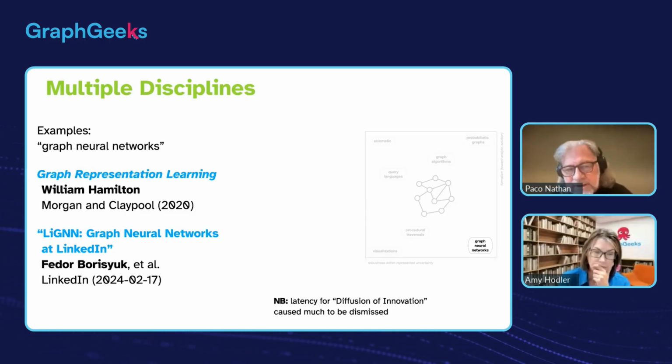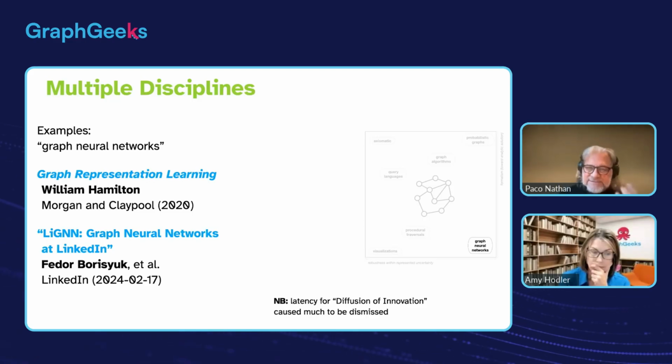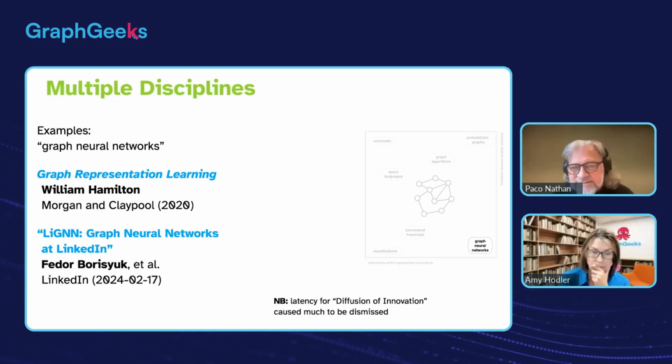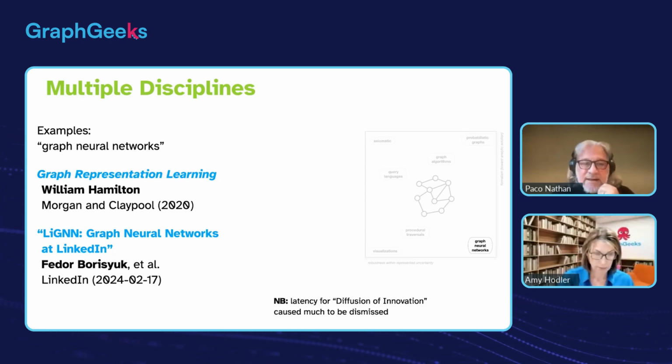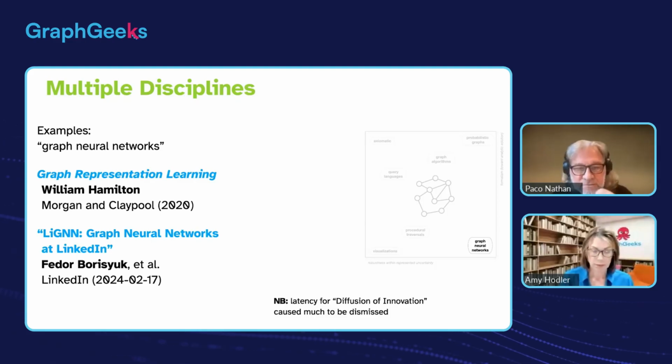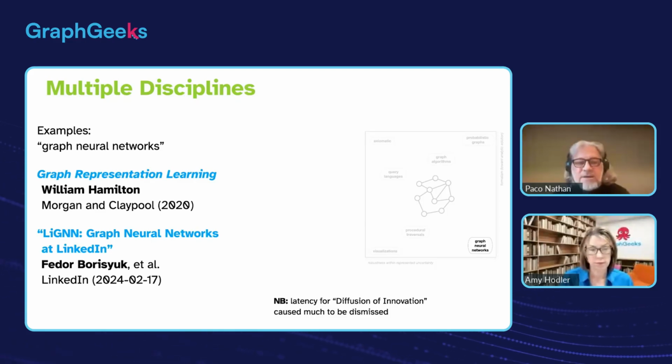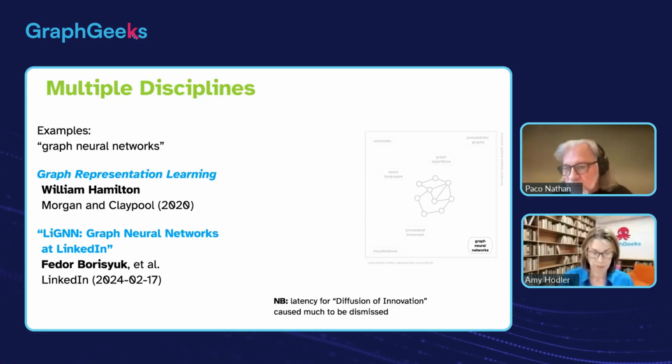Hamilton put together a book. It's allegedly published by Morgan and Claypool. I actually haven't seen it published, but the full text is there on his website. And it's a really great text. It's called Graph Representation Learning. Hamilton had worked on an algorithm called GraphSAGE, which is one of the more popular approaches to doing graph neural networks.